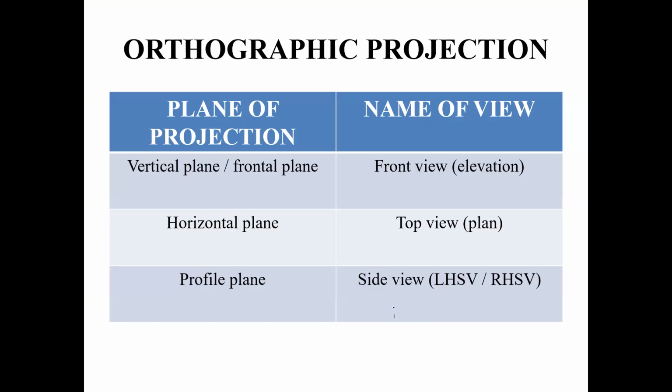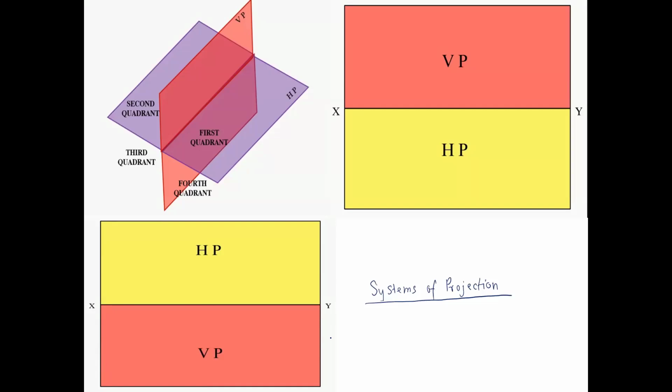So the first system of projection is called the first angle system of projection. The other system of projection is called the third angle system.